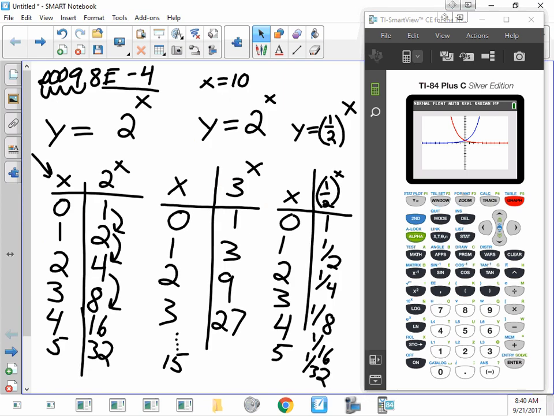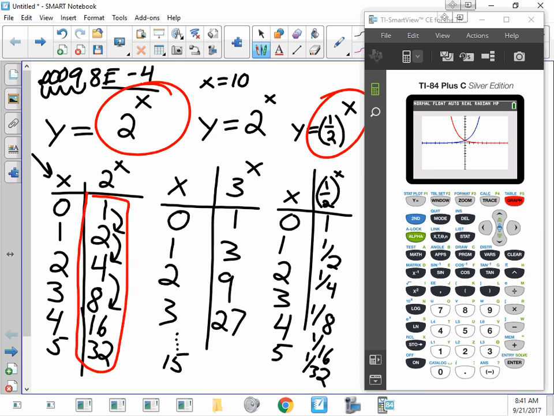If we go back to our original equations, what is it about this that causes the graph to go up? And what is it about this that causes the graph to go down? Any idea? Why did these numbers get bigger and these numbers got smaller? Because this is kind of an important part of exponential equations. Why are some of them going up and some of them going down?